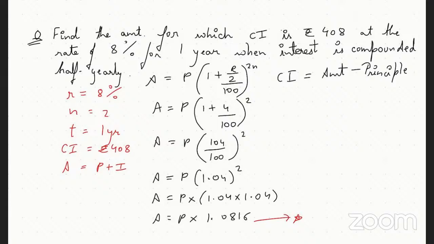So CI I have. What's my CI? My CI is 408. So 408 equals, what's my amount? My amount is this equation.